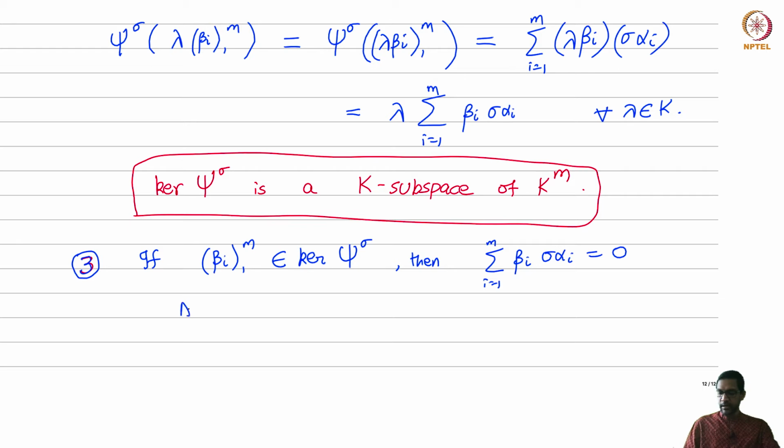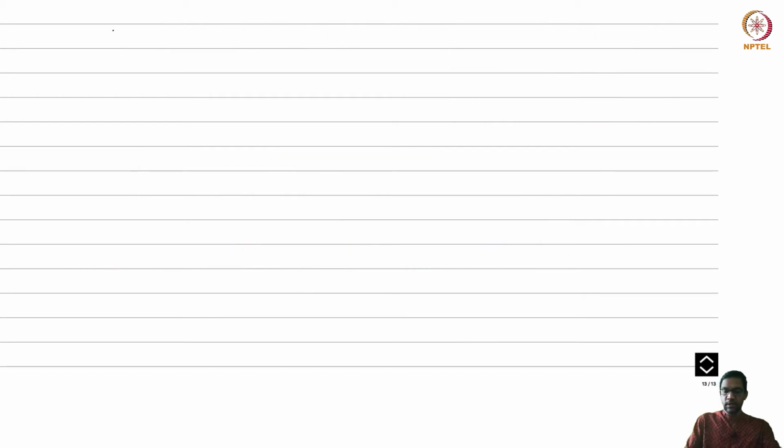Now what I can do is apply an element of gamma, an automorphism. Remember gamma is a subset of the automorphism group of the field K. So I will apply tau to this equation. Tau acting on this sum is 0. But tau being an automorphism, this can be written as the sum of tau of beta i times tau of sigma of alpha i.